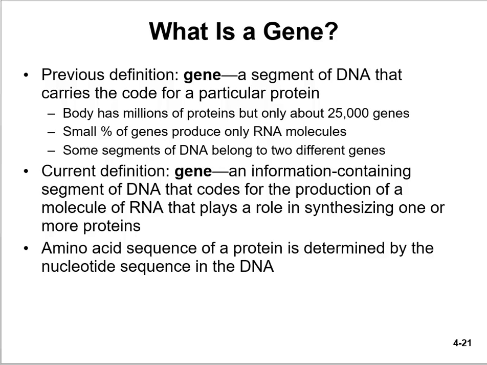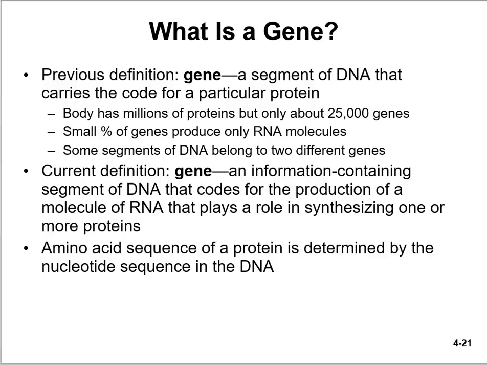But if you think about this information, that the body has millions of proteins, and now we know that we only have about 25,000 genes, we're going to have to change our definition. We also know now that a small percent of the genes actually code for just RNA molecules, and the RNA molecule is the finished product.